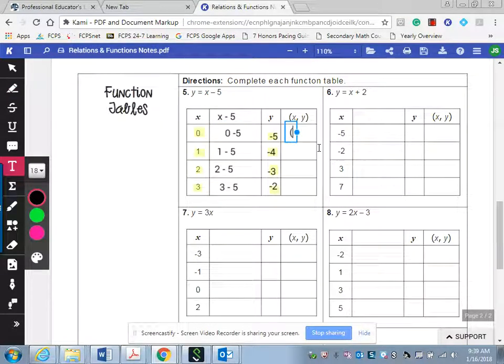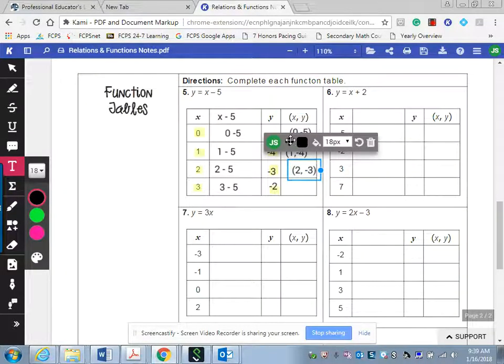So our first ordered pair is 0, negative 5. Our next ordered pair is 1, negative 4. Our next ordered pair is going to be 2, negative 3.